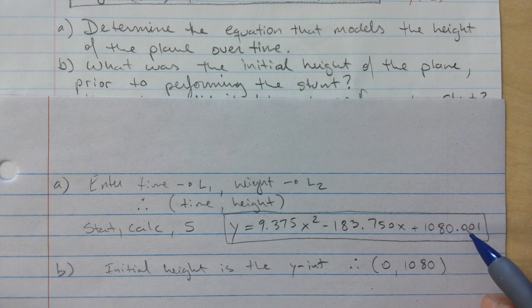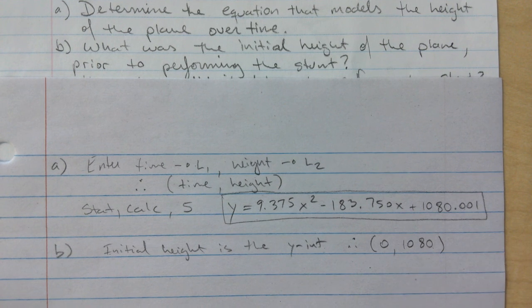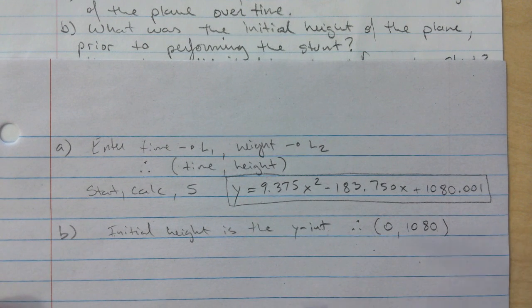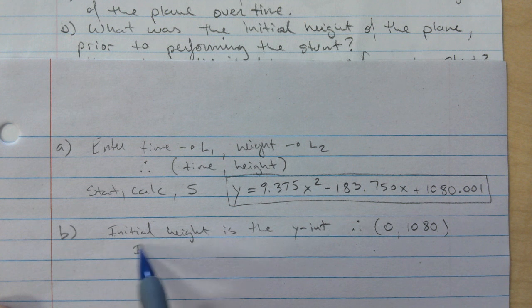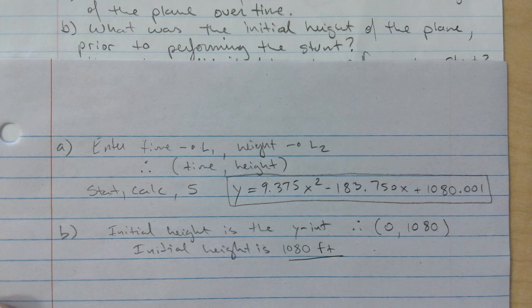I know my equation had that, but I'm just rounding to 2 decimals what I'm using when I'm answering here. Either way would be fine. So starting height, initial height is 10,080 feet. Okay, that's important when you answer a question like that.